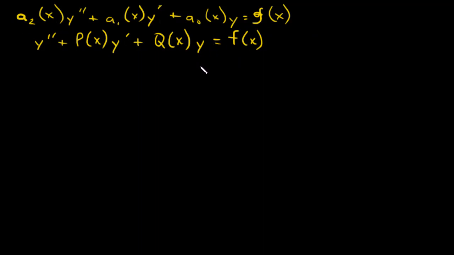All right, this is our standard form that we have right here, right? Okay, now, once again, I'm going to put the homogeneous part up here. y double prime plus p y prime plus q y equals 0.